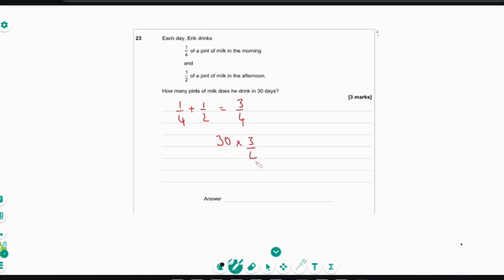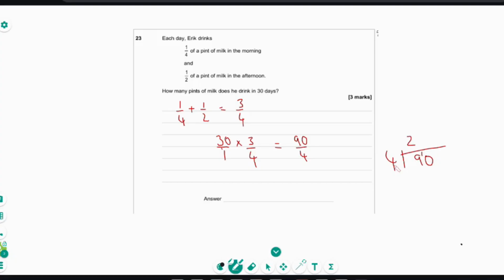How do we multiply fractions? Well, we need to make 30 into a fraction first by using a denominator of 1. 30 times 3 is 90. 1 times 4 is 4. Let me just divide them using the bus stop method. 4's into 90, 2.